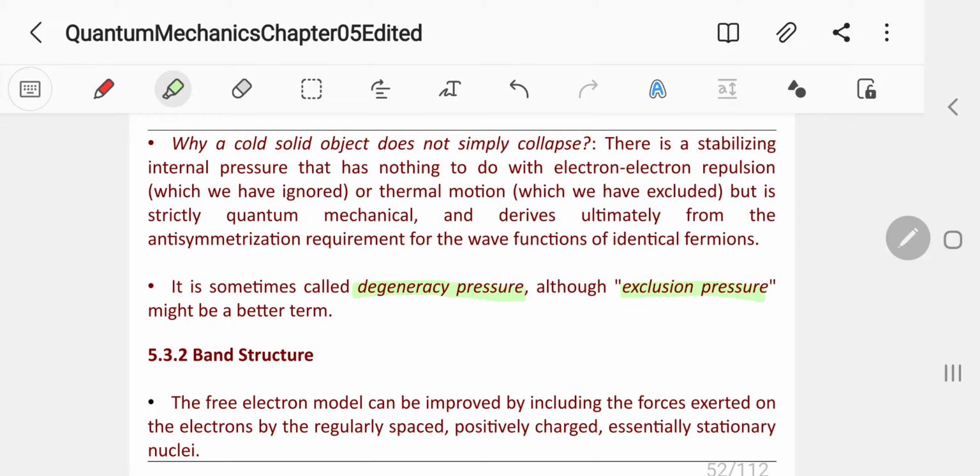In an atom you have a nucleus that is positively charged. Of course, you're not dealing with a single atom here, you're dealing with an array of atoms, and they are regularly spaced in a solid, and that will actually have an effect on the electron gas.